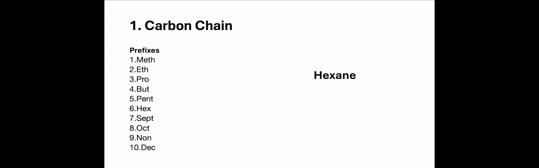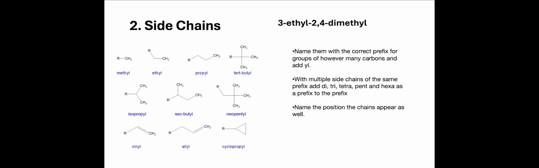So the position of the double or triple bond will then be marked in the alkene or alkyne, and you don't need it for the alkane. That'll be in the middle of the hydrocarbon. For the side chains, you're going to need to name them with the correct prefix for groups of however many carbons and add the "-yl" on the end.